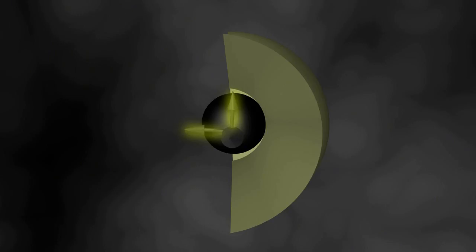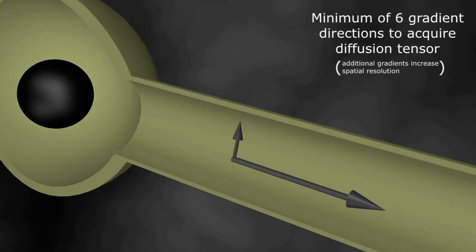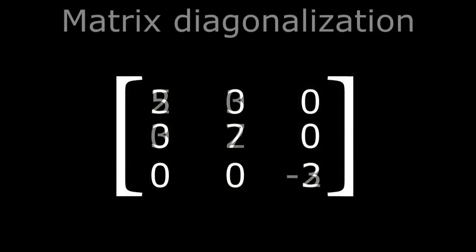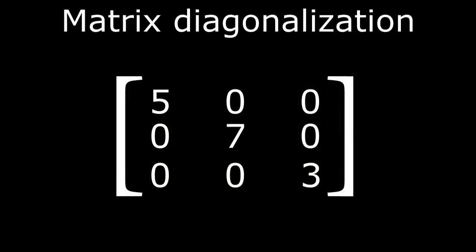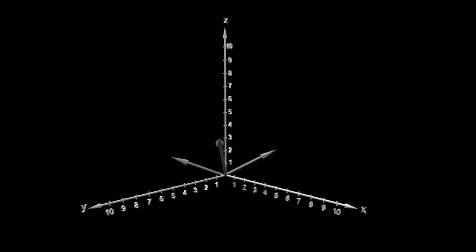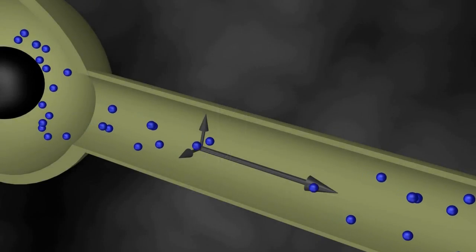With this assumption, a minimum of 6 gradient directions are necessary, essentially eliminating one base vector. We can then use the mathematical techniques described previously, mainly matrix diagonalization, to determine eigenvalues and eigenvectors, which indicate the major and minor directions of diffusion movement down the axon.